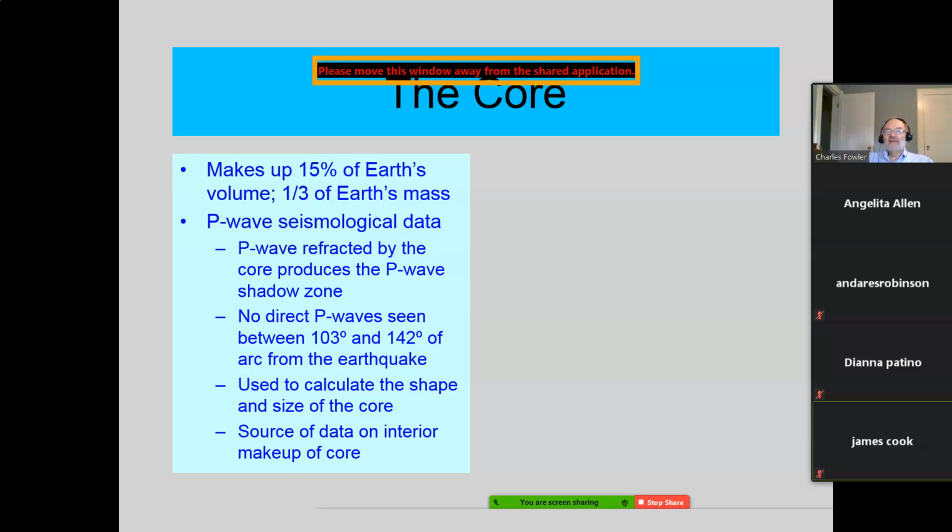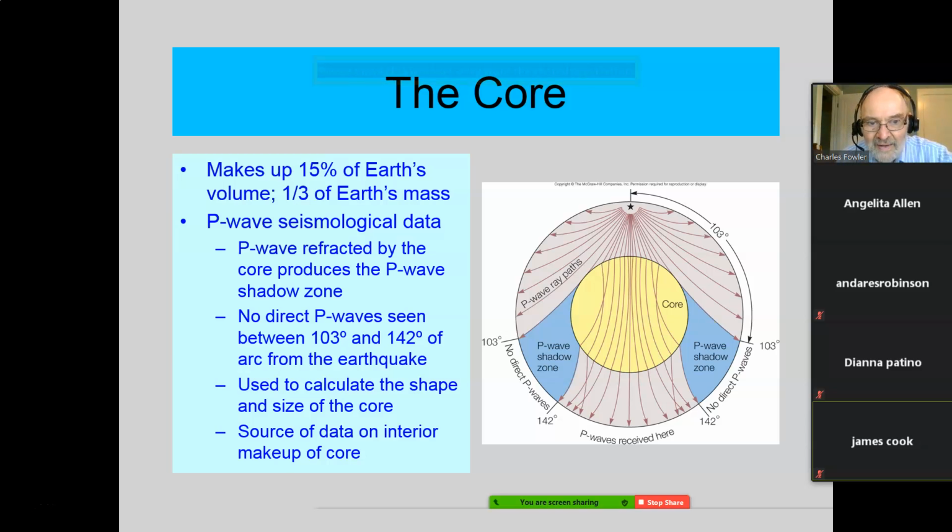The P waves are refracted by the core, which produces a P wave shadow zone. Now, what in the world do they mean there? The picture will speak to it. Let's say we have an earthquake here. That could be anywhere on the surface of the earth.